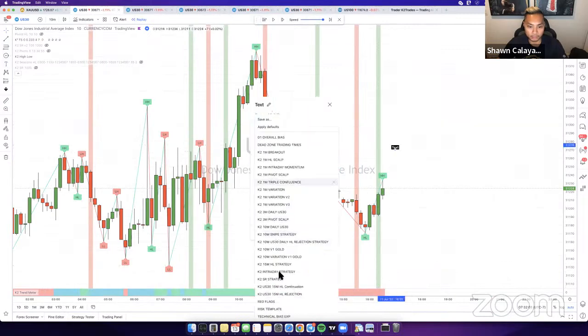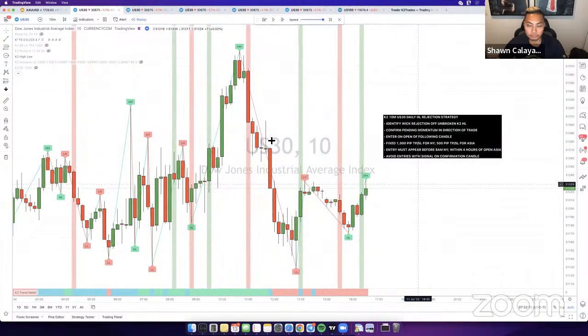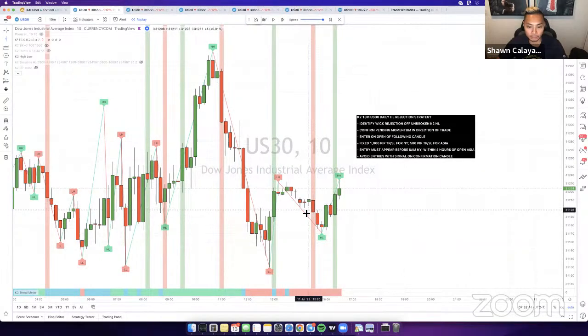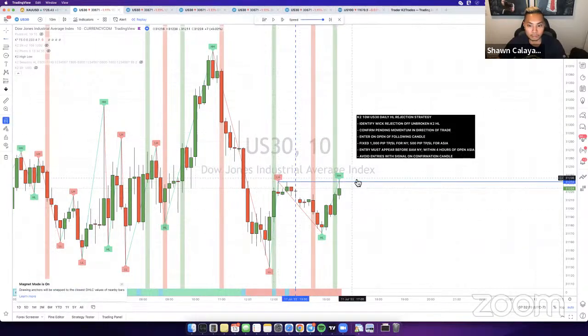This is during Asia session. So Asia opened right here at 1500 hours. We have the wick rejection right here. So wick rejection, pending momentum for a sell.